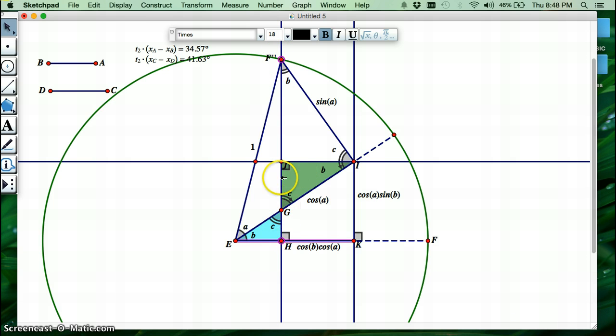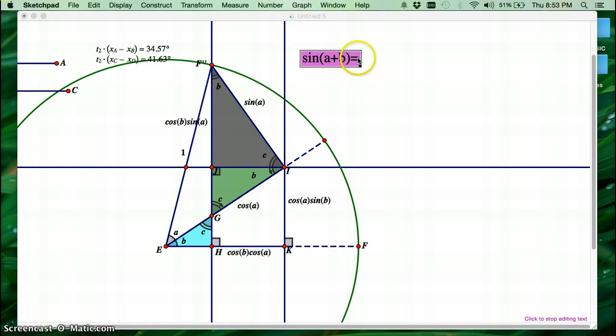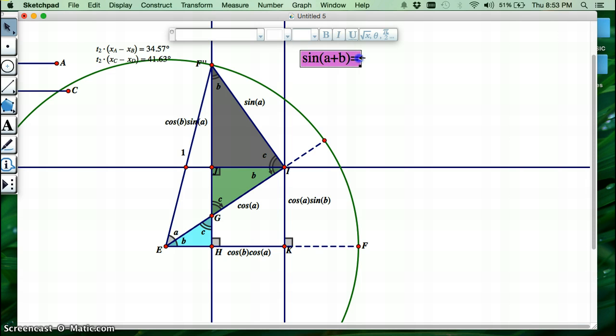However, this side here seems to be the same as cosine alpha times sine beta. So that means that sine of alpha plus beta would be equal to cosine alpha sine beta plus the cosine beta sine alpha.